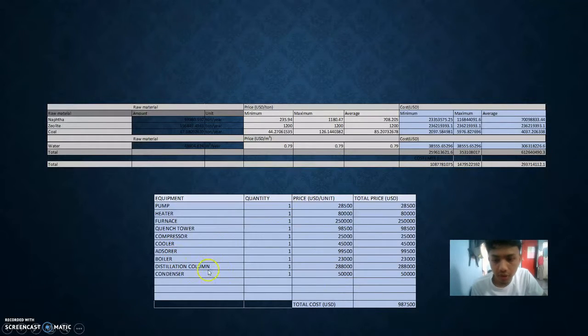As you can see here, the highest one is the distillation column, because it includes the hydrogenator, the methanizer, the ethanizer, and also the C2 splitter. It is all in the distillation column. So the total cost of the unit does not reach 1 million.